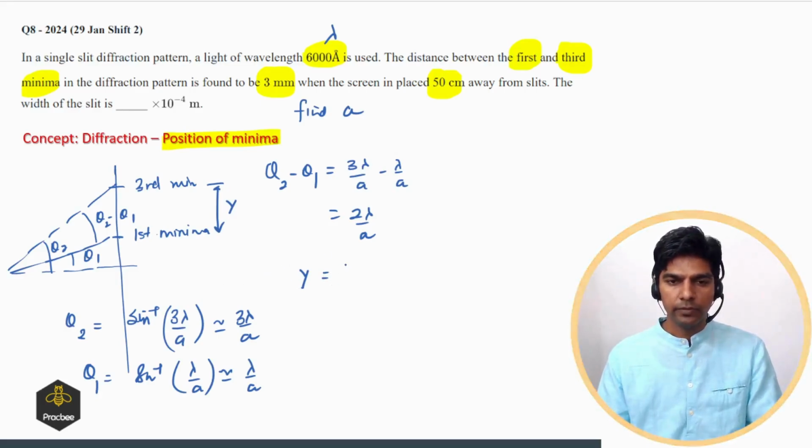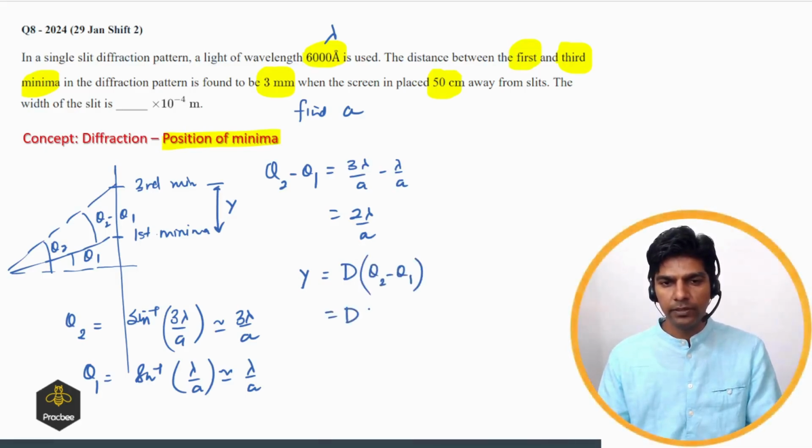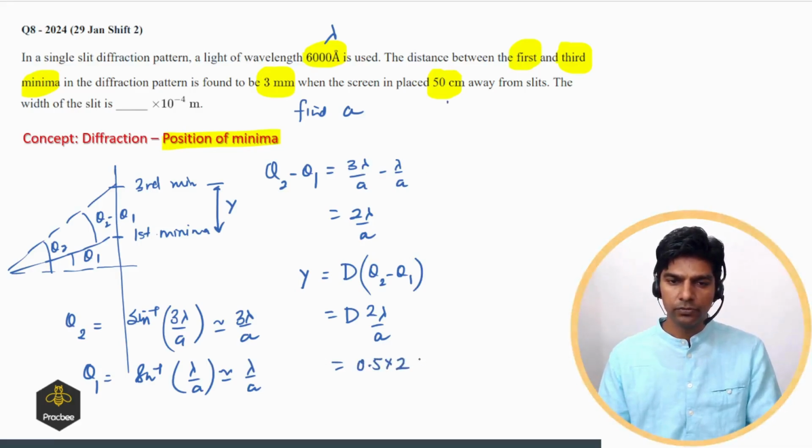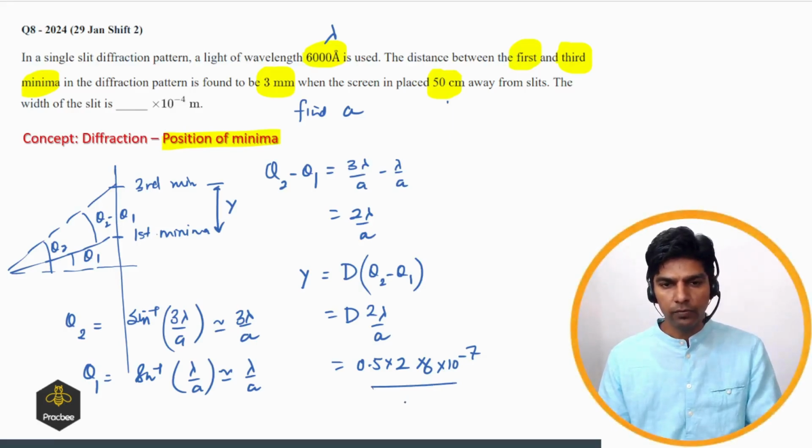So this will be nothing but D times theta 2 minus theta 1, which will be capital D times 2 lambda by a. So D is given as 50 centimeter, so it will be 0.5 meters times 2, and the lambda is 6 into 10 raised to minus 7, and a we have to calculate.